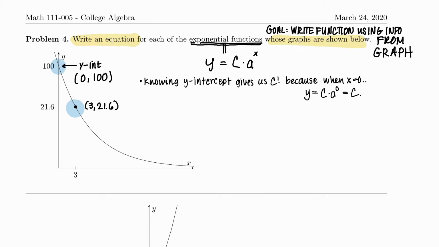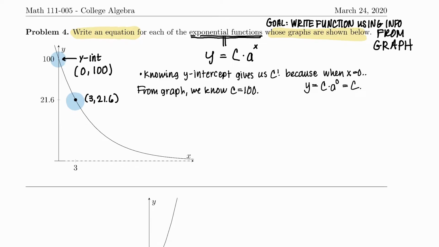So from the graph, we know that c is equal to 100. So far we've got y is equal to 100 times a to the x.